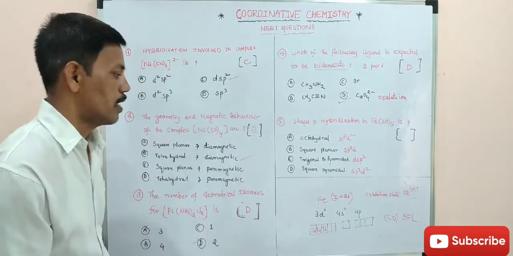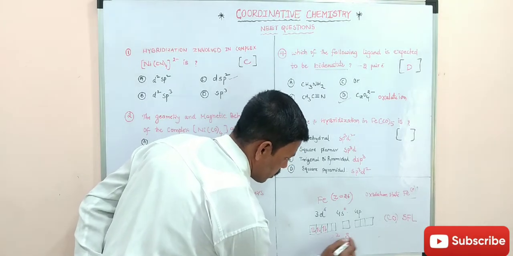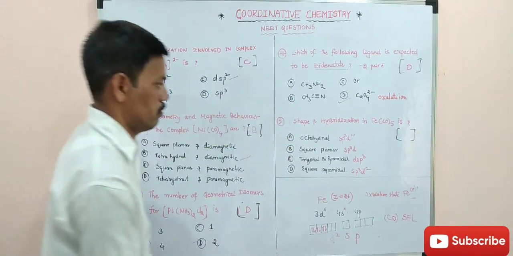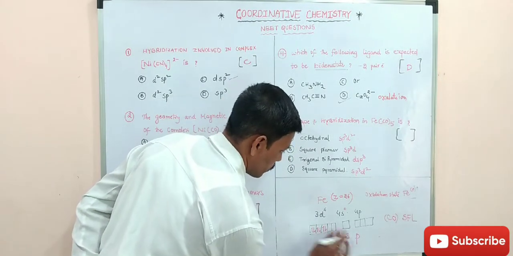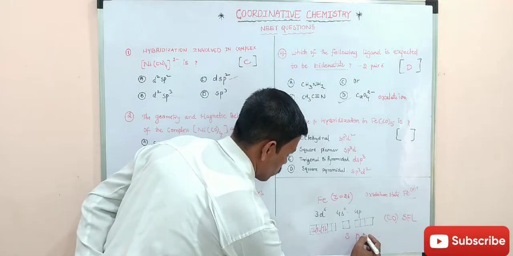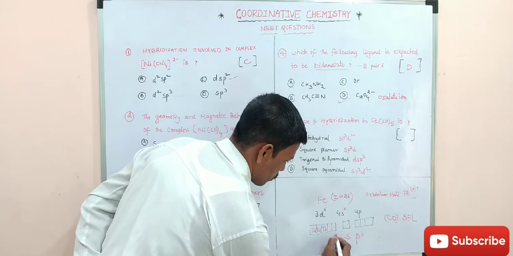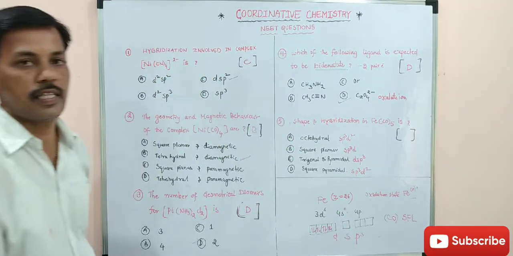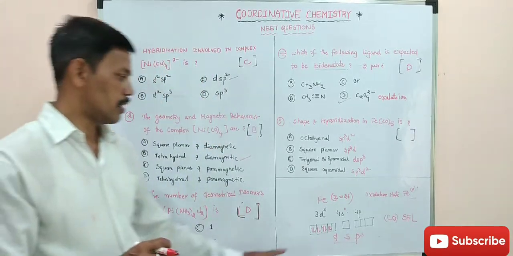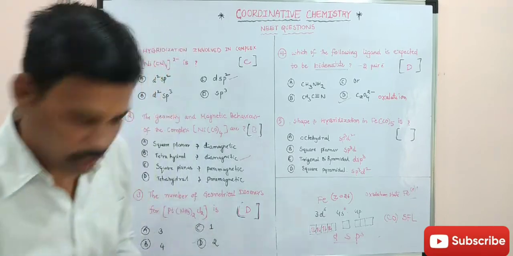So pairing takes place and we remain with d2. sp3, dsp3. dsp3 is the hybridization type. So now the hybridization type is dsp3.